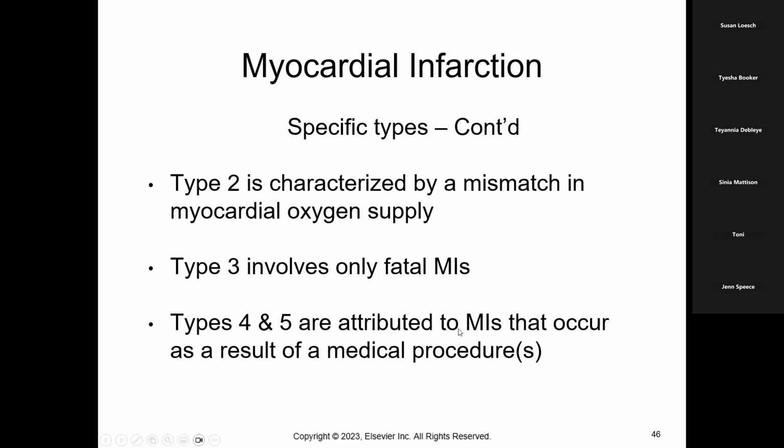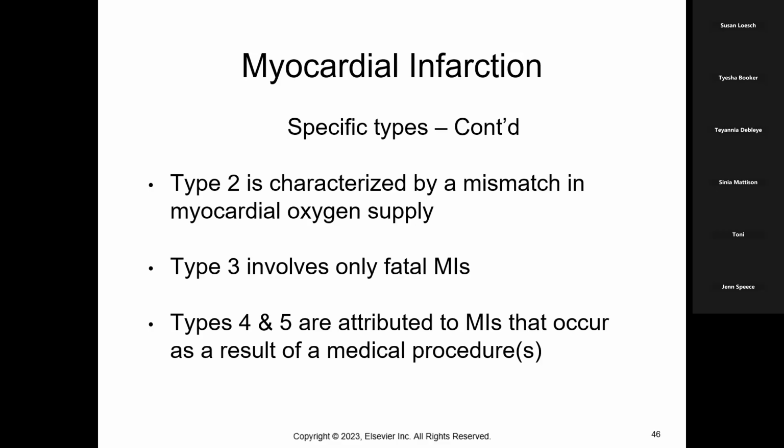Type 2 is from a mismatch, so the body's oxygen demand exceeds its available supply. That's what it means. Type 3 are only MIs that kill people. So if it's fatal, it's a type 3.